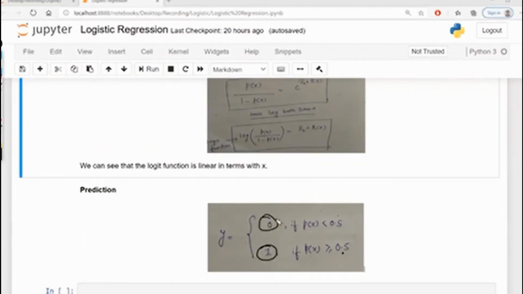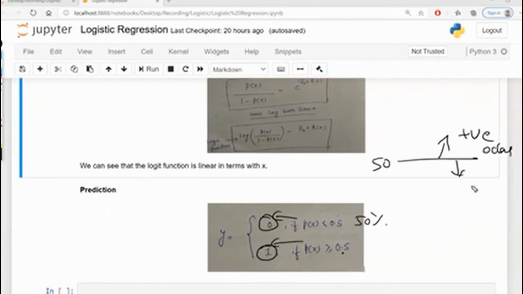If I want to predict any class here, it simply says that less than 0.5 is assigned to 0 and greater than or equal to 0.5 is 1. 0.5 here is nothing but, you can assume, 50%, right? It's a very simple intuition. Anything above 50% is a positive, and anything below this is the other class. Right?